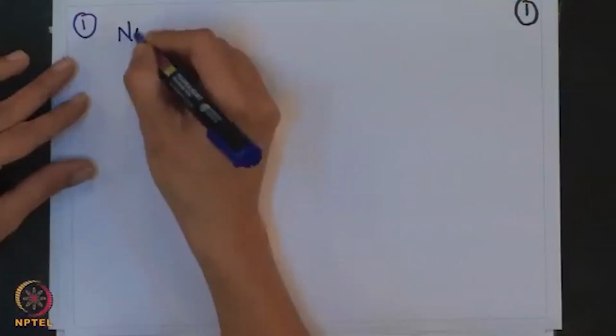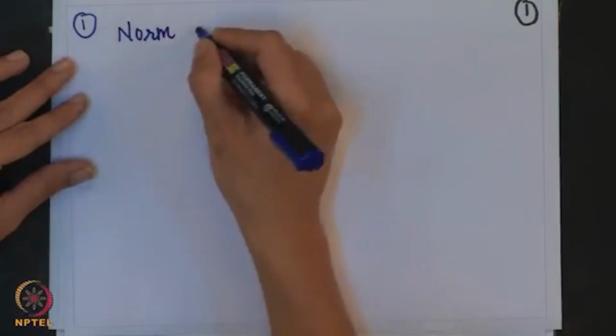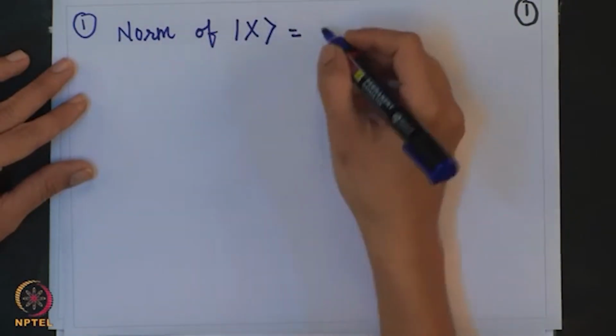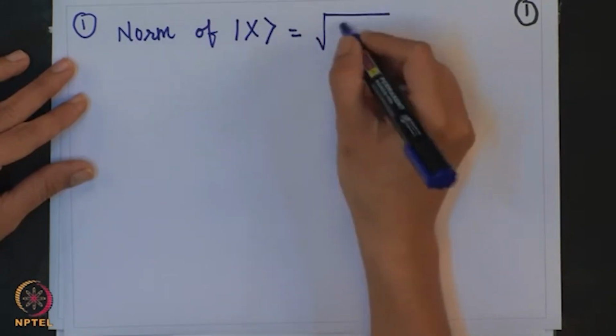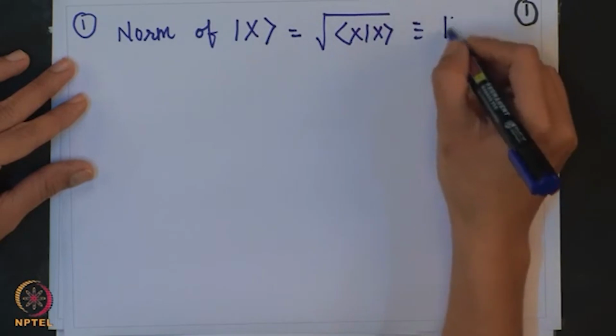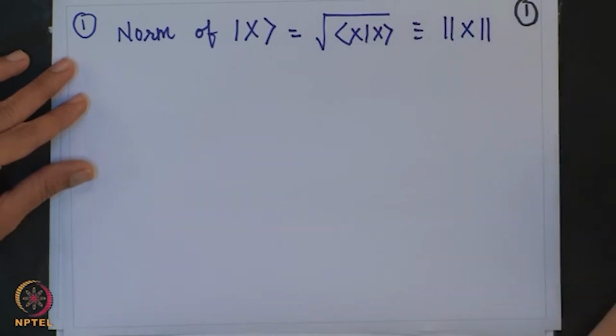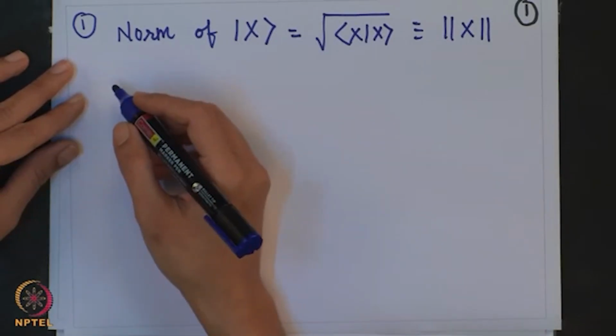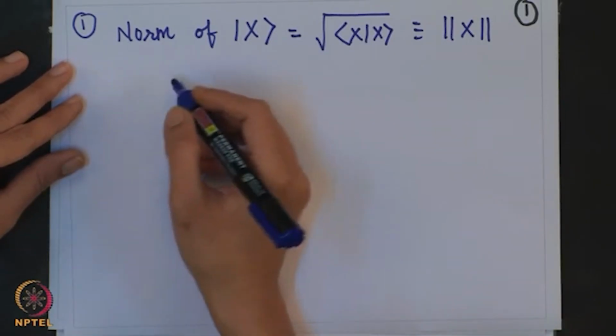Just a recap, the norm of a vector, say x, is given by the square root of <x|x>, which is also represented as ||x||. So we have to evaluate the norm of these vectors x and w.